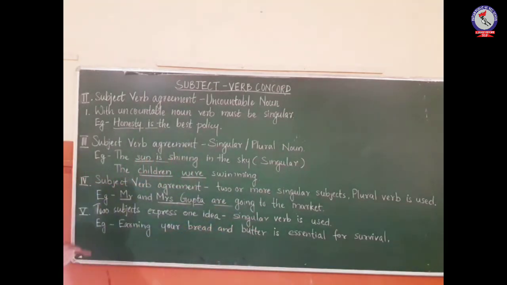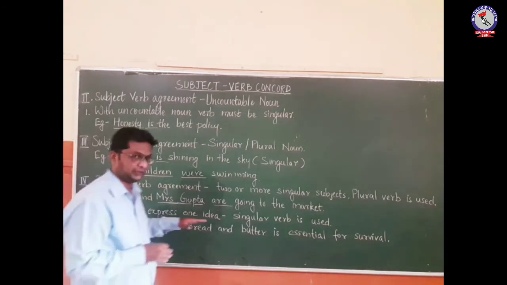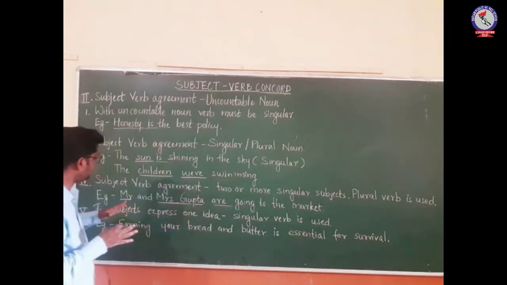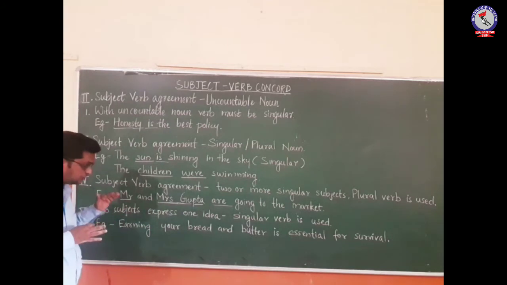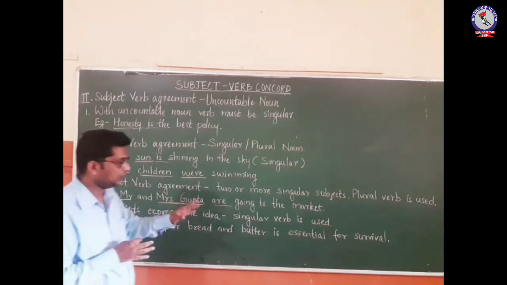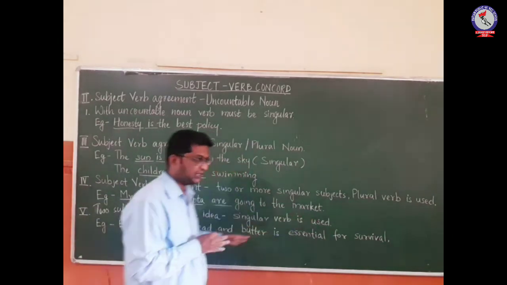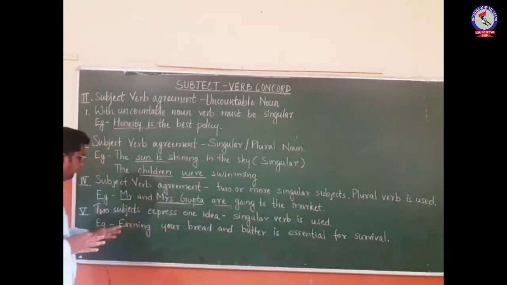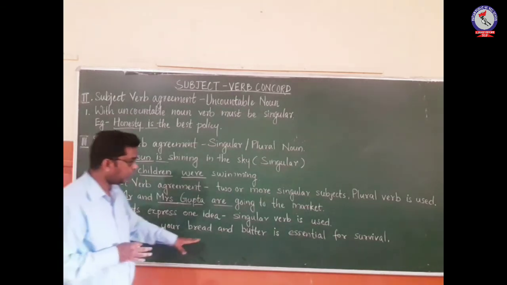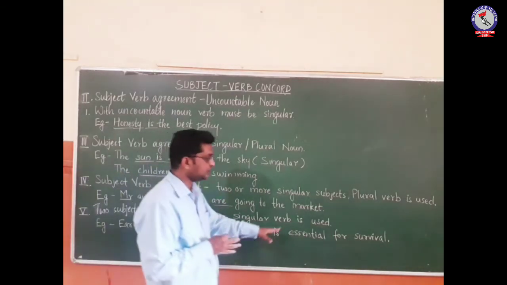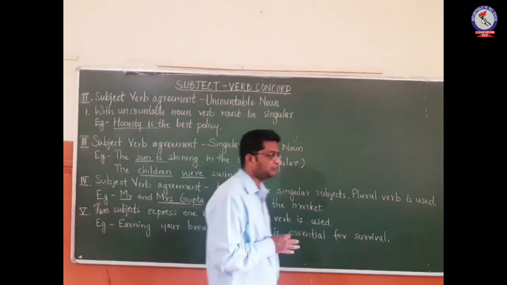Now see, the next, two subjects express one idea. When two subjects express one idea, in that case a singular verb will be used. See the example. Earning your bread and butter is essential for survival.